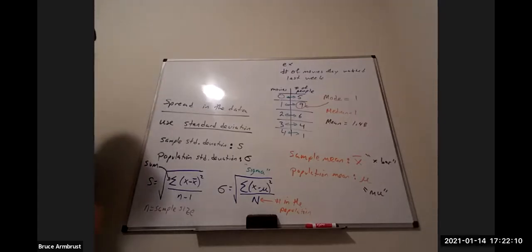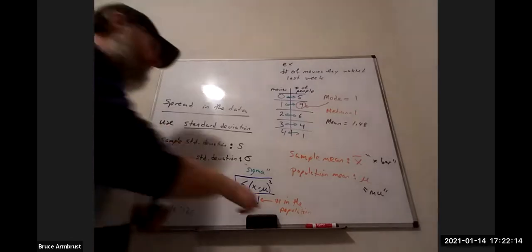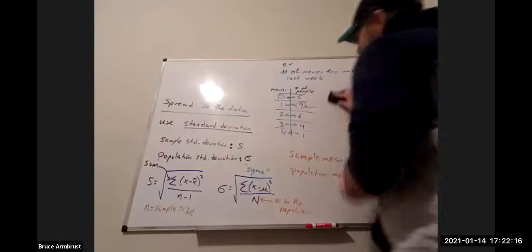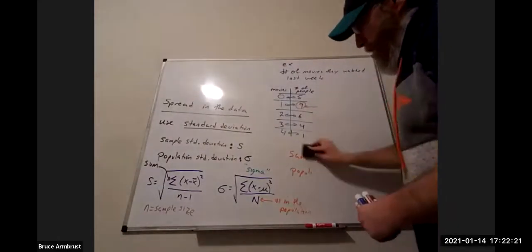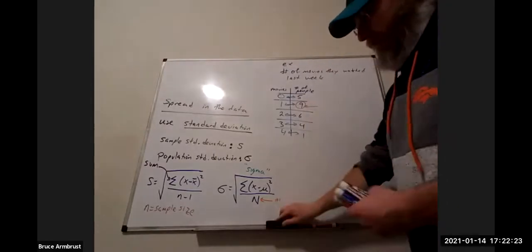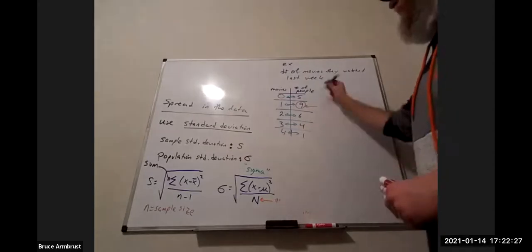All right, so we need to know all these different numbers. And so here's what I'm going to do. I'm actually going to extend my chart here a little bit.